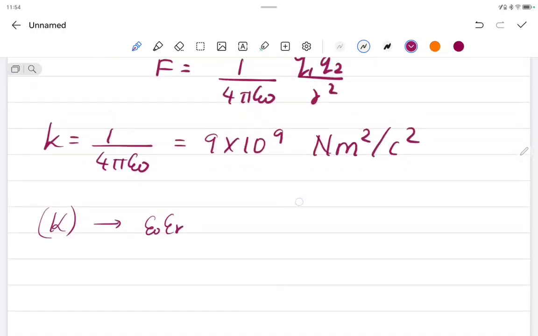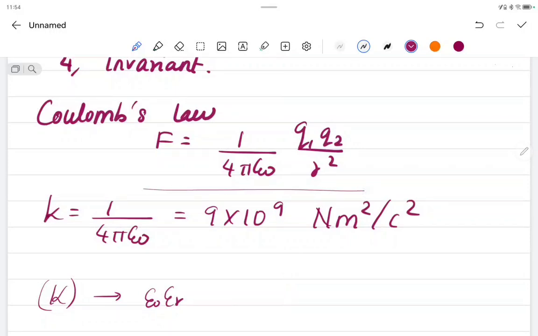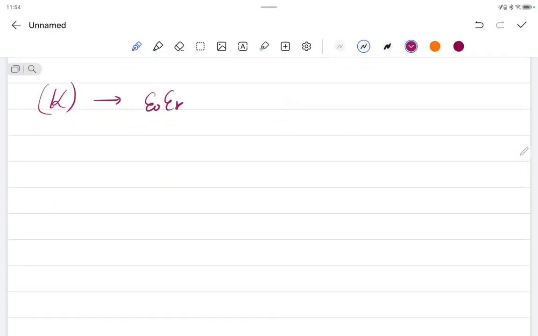We can use this condition for free space. Instead of free space, if we are using a medium, then we have to go with the dielectric constant. Then our formula will change as F is equal to 1 by 4 pi epsilon Q1 Q2 by R square.